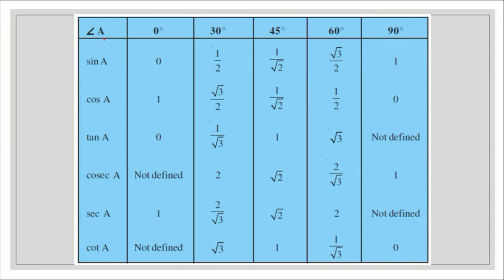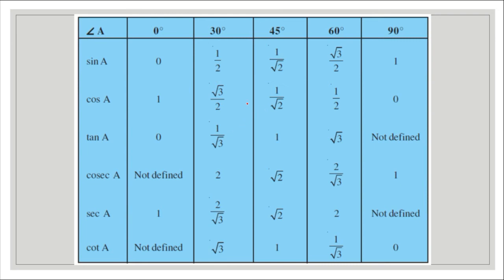When angle A is 0 degree, sine 0 is 0, cos 0 is 1, tan 0 is 0, cosecant 0 is not defined, secant 0 is 1, cot 0 degree is not defined. Look at the angle with respect to 30 degrees. Sine 30 is 1 by 2, cos 30 is root 3 by 2, tan 30 is 1 upon root 3, and so on.